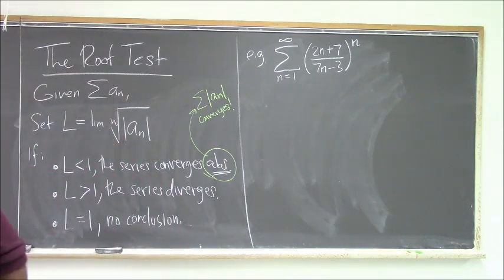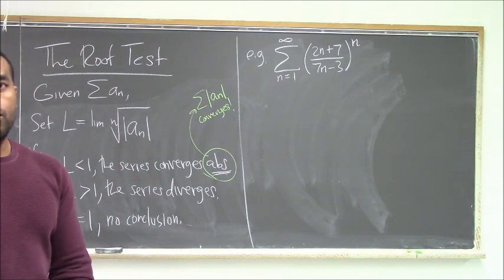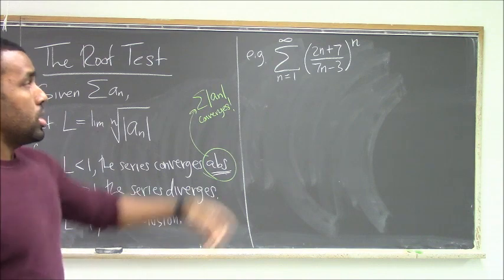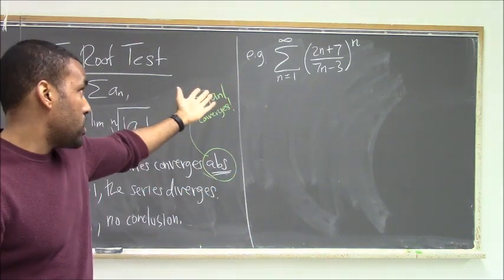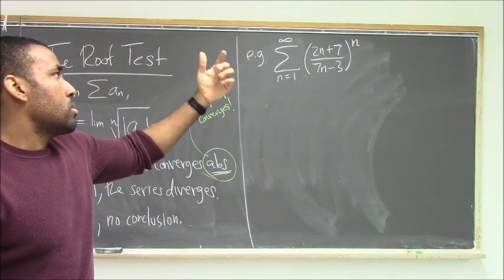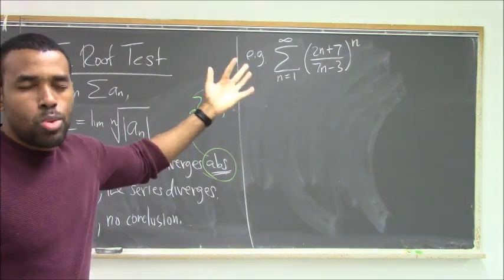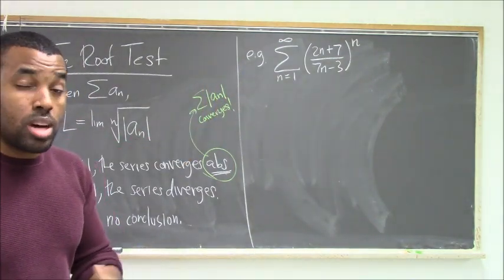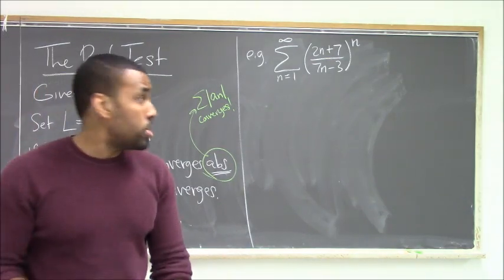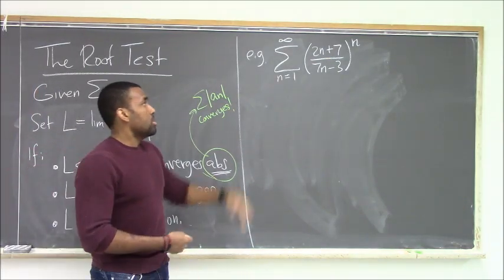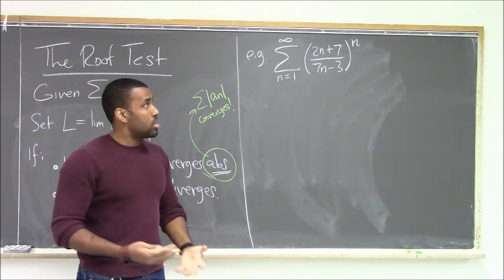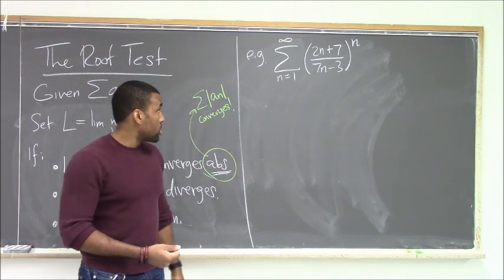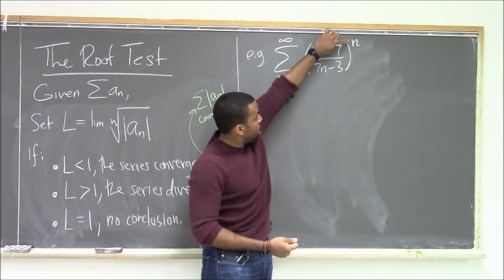Okay, so this is the root test. Here's some random series. Now, of course, you know that we're going to use the root test here, but in general, you won't know that ahead of time. I'm going to talk about how to know which test to pick in general. But given this, notice that one thing that would scream out to me that I would want to use the root test is this nth power right here.